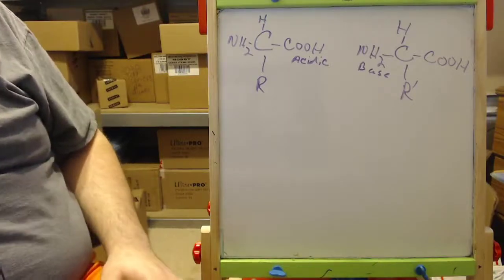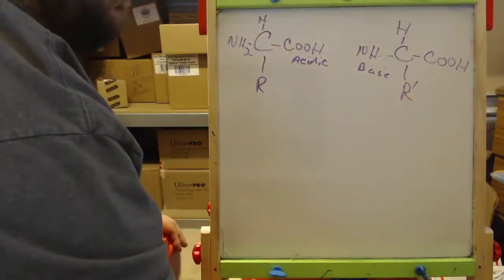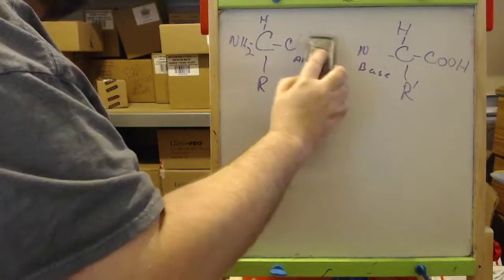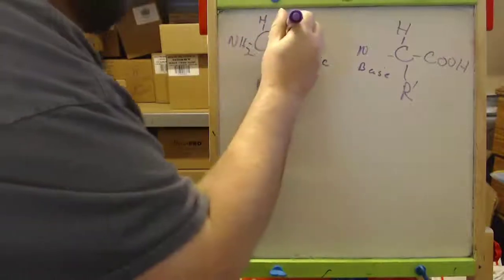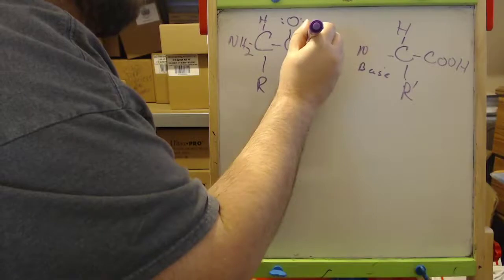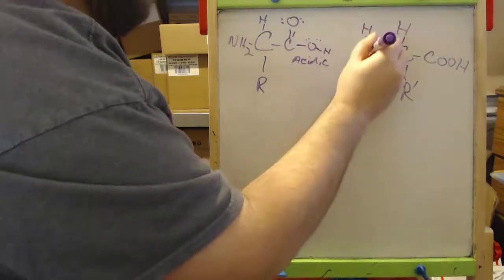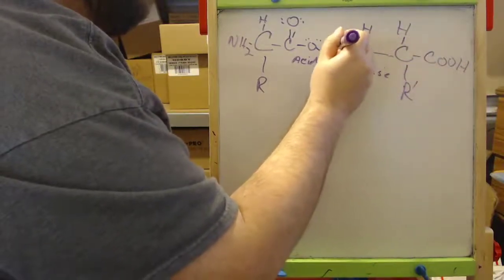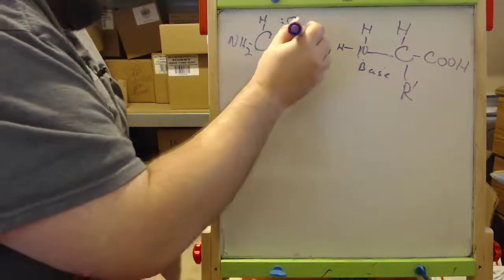Now, what's important here is, I'm going to take this NH2, okay, and I'm going to take this COOH, and I'm going to draw them out like a Lewis structure a little bit here. Okay. And this here like this. What happens when we make a peptide bond?